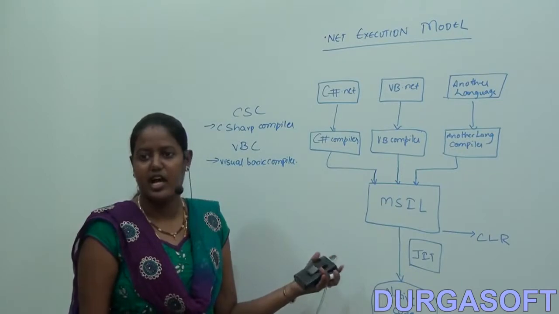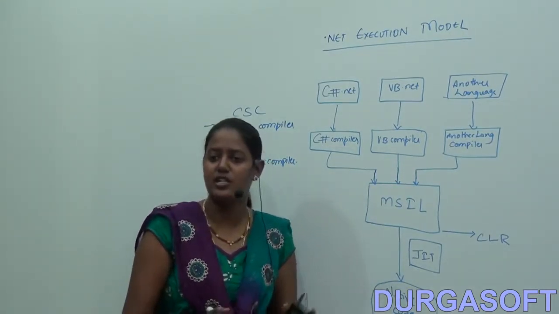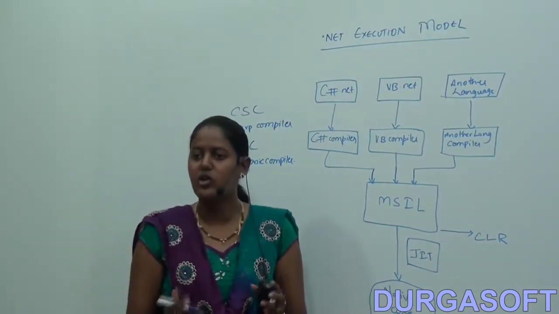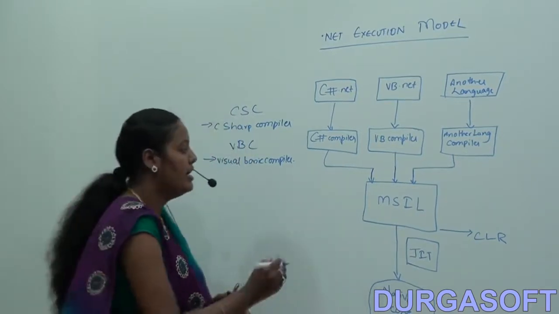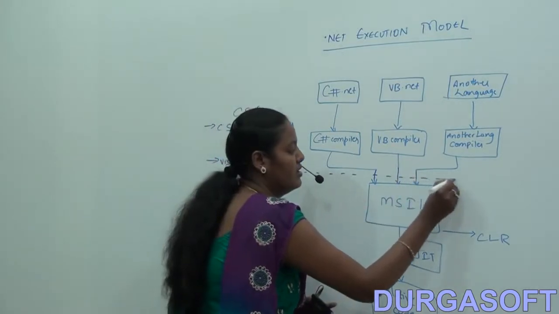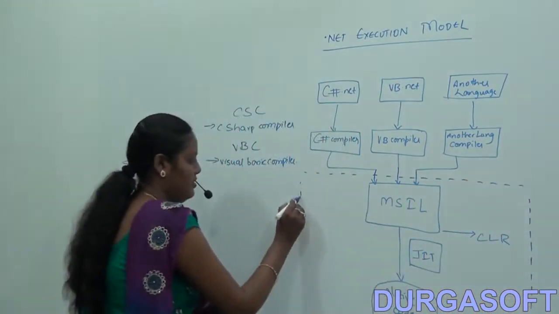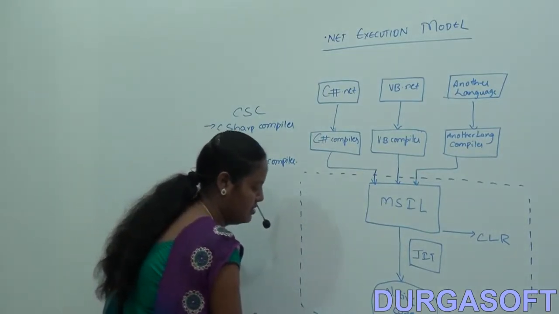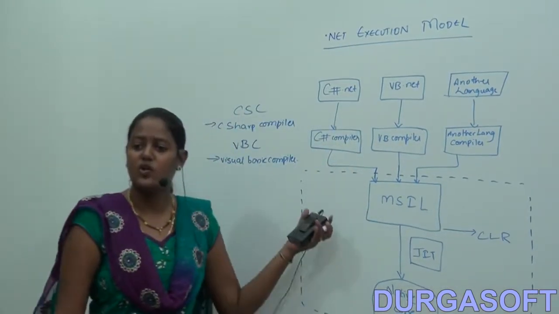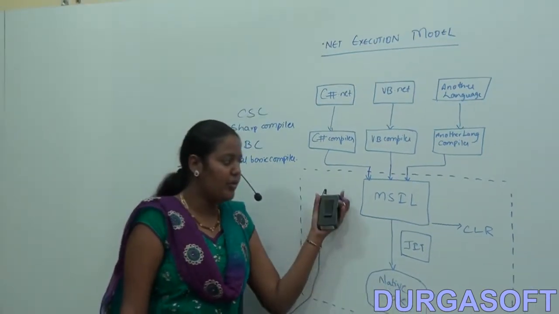Here in .NET we have two phases of execution. The first phase is converting the source code to the MSIL code using the respective compiler, and the second phase is converting the MSIL code into the native code, but with the help of CLR.